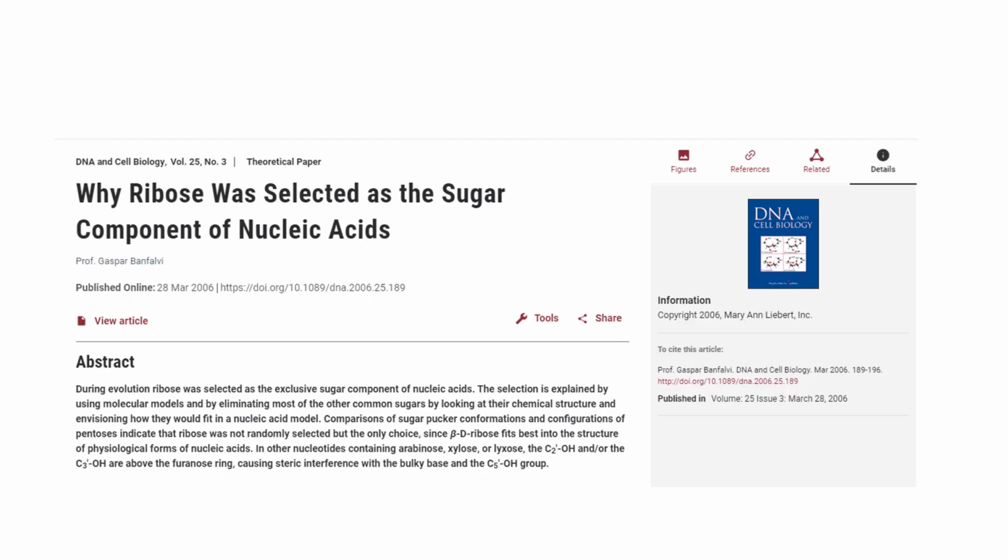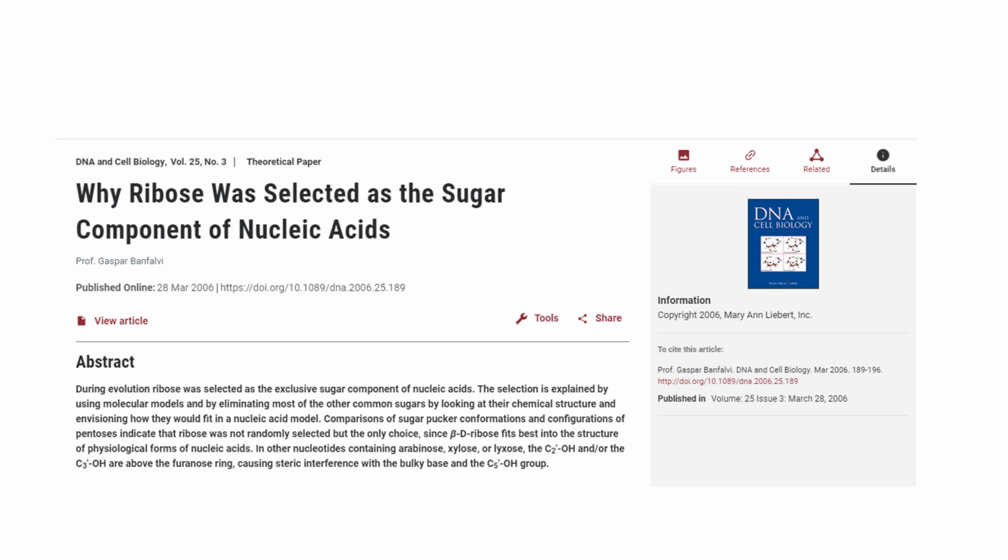For those interested in a deeper dive, let me refer you to this paper, "Why Ribose Was Selected as the Sugar Component of Nucleic Acids," from DNA and Cell Biology back in 2006. And this was a theoretical paper looking at a variety of different calculations about what the different possible pentose sugars could do or would do to the structure of DNA.